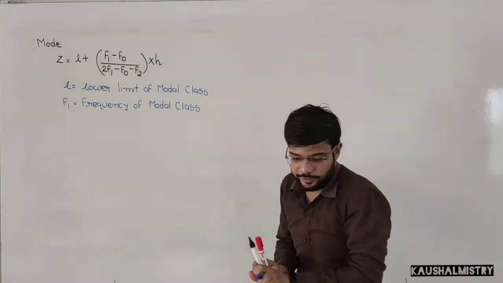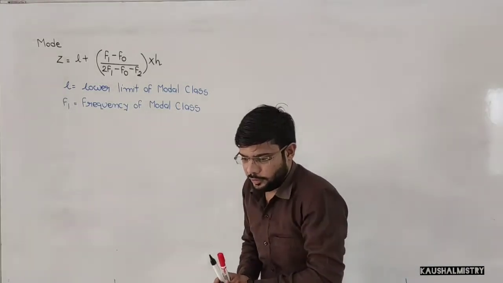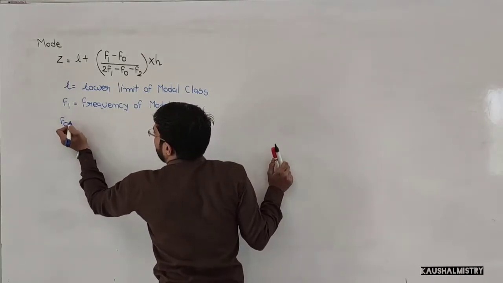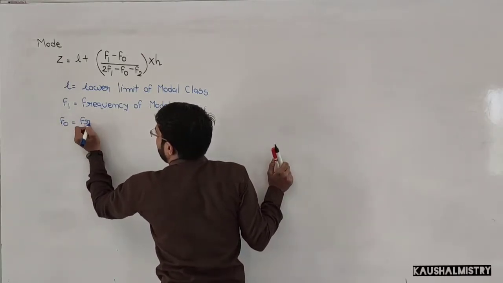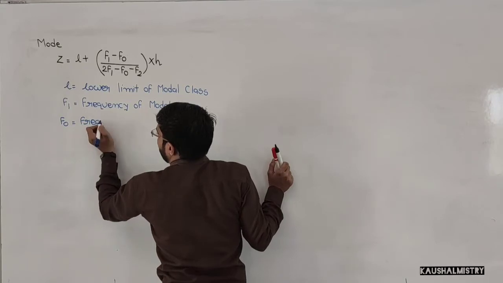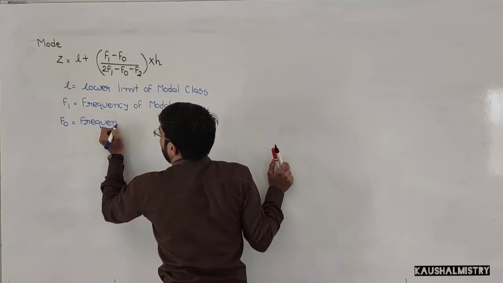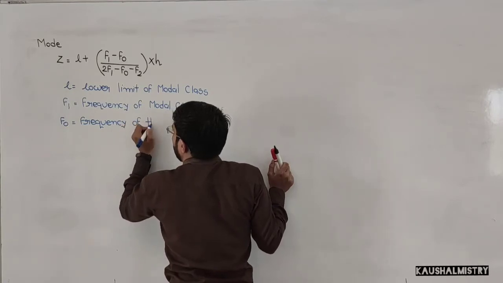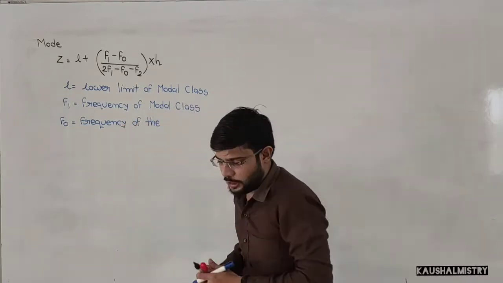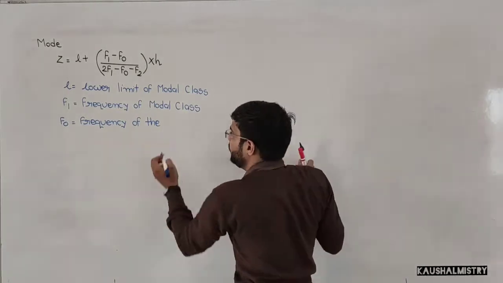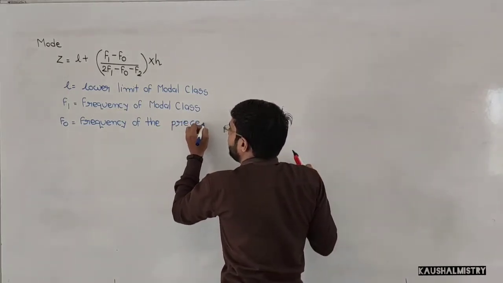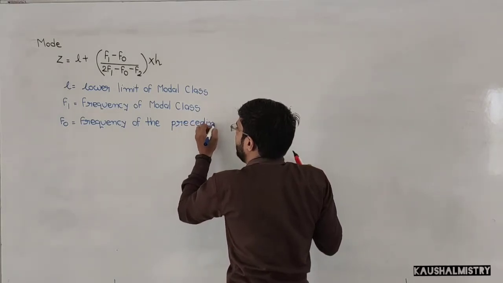Now, what is F0? F0 is the frequency of the preceding modal class, मतलब उसके ऊपर वाले, the preceding modal class.